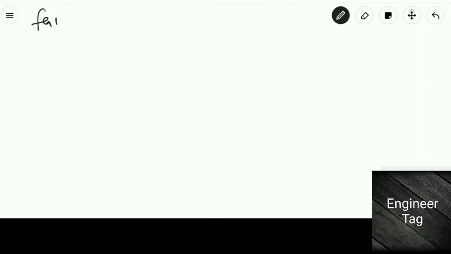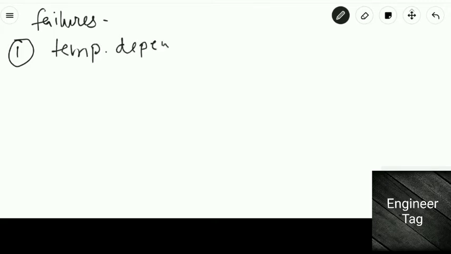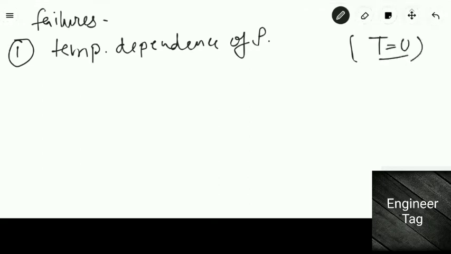First, it could not explain the temperature dependence of resistivity, that is rho. It can explain Ohm's law at constant temperature, but when we raise the temperature, there is a change in resistivity. It could not explain this phenomenon.